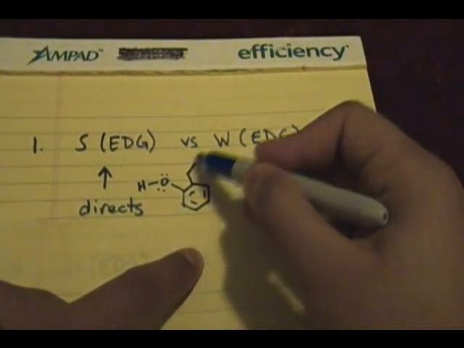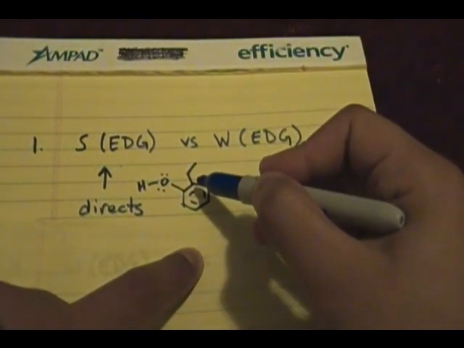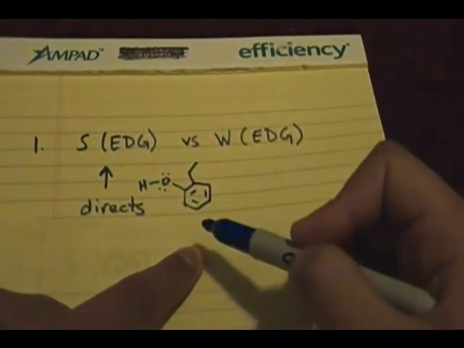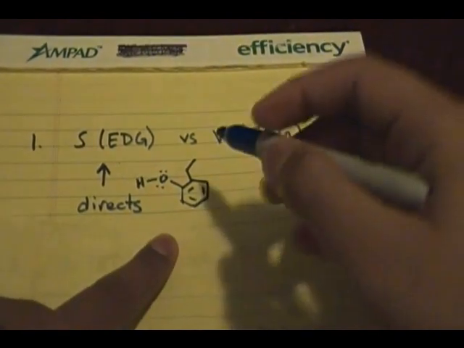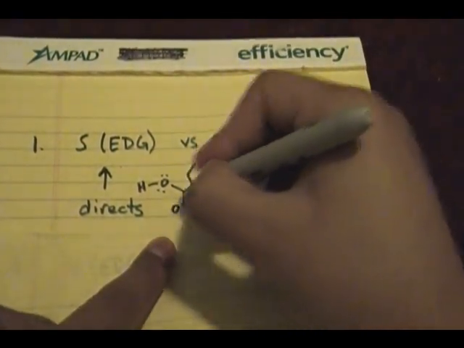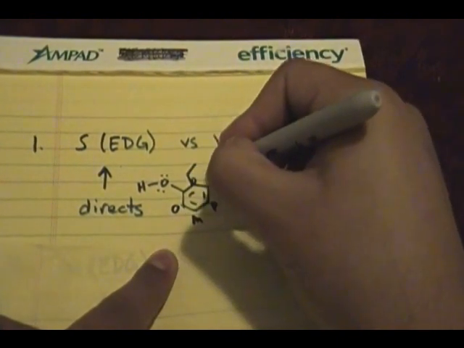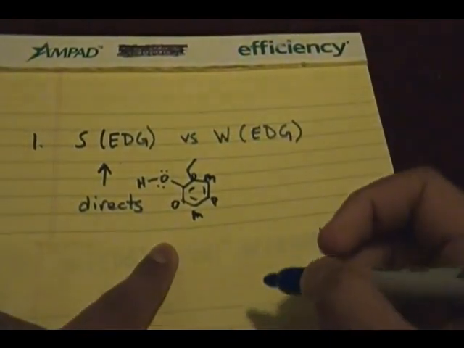So the ethyl group has no say in the direction of the bromine. This OH group has all the say. So again, let's label it O, M, P.